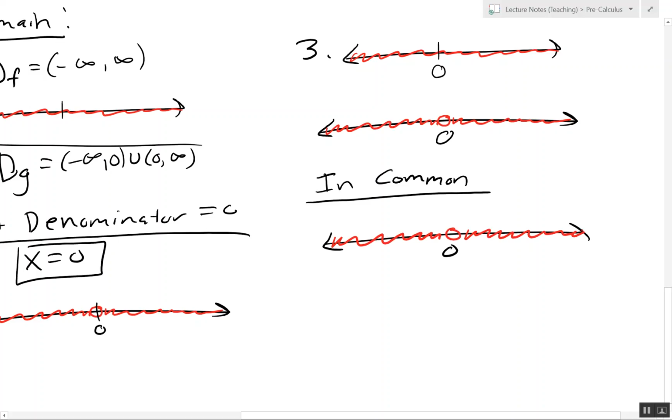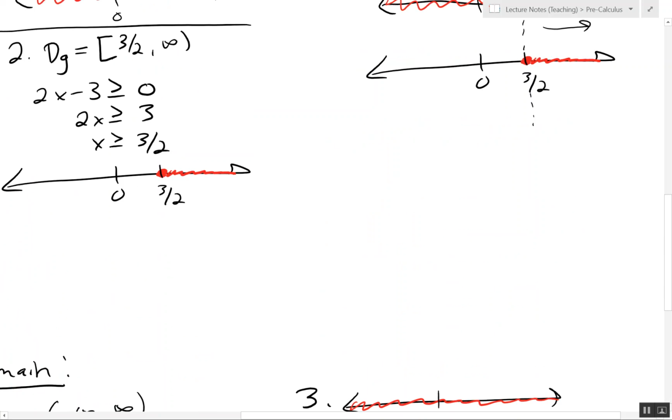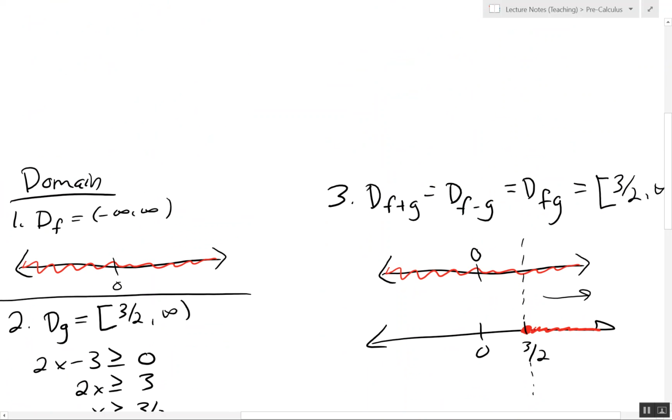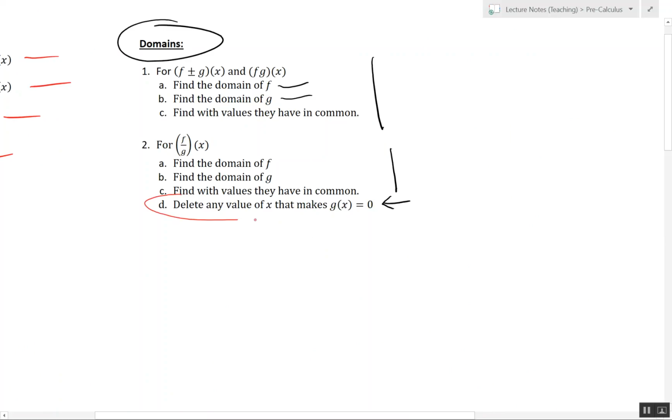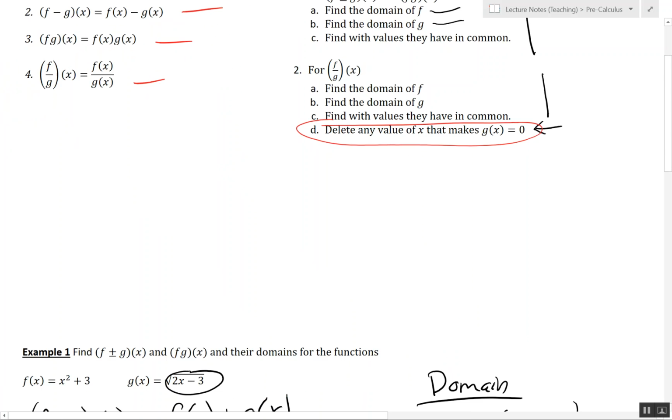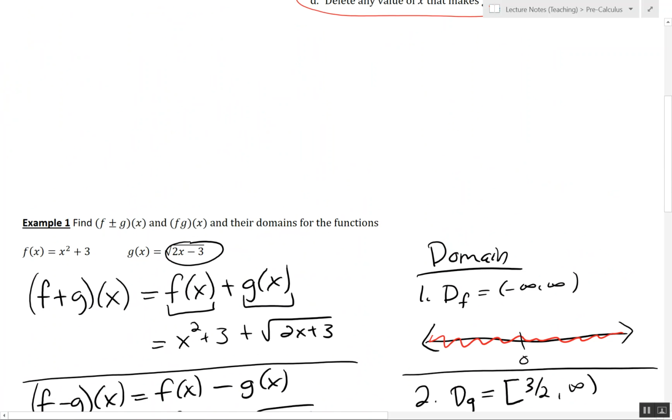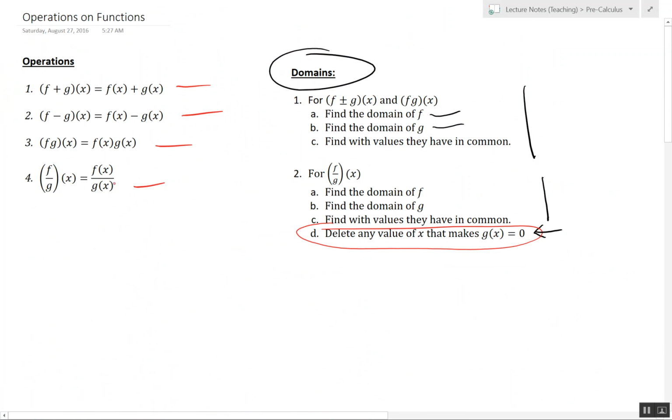Alright, but remember there was a step 4, so let me remind you what step 4 is. Step 4 is we need to delete any value of x that makes g of x equal to 0. Because if it makes g of x equal to 0, let's look here, then this denominator is equal to 0, and that means that it's undefined because we can't divide by 0.